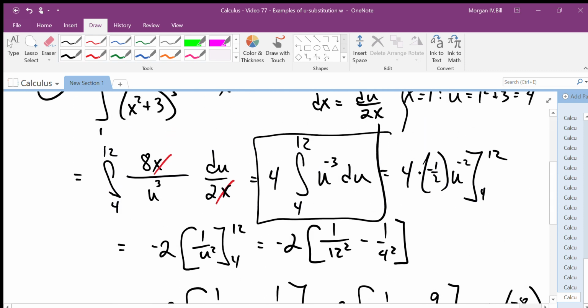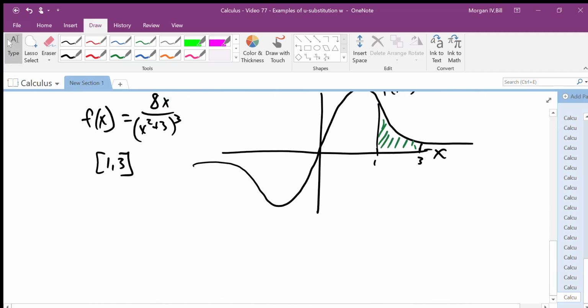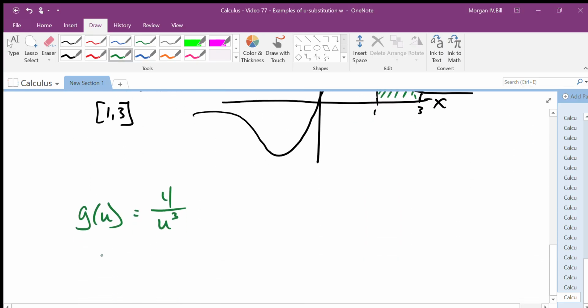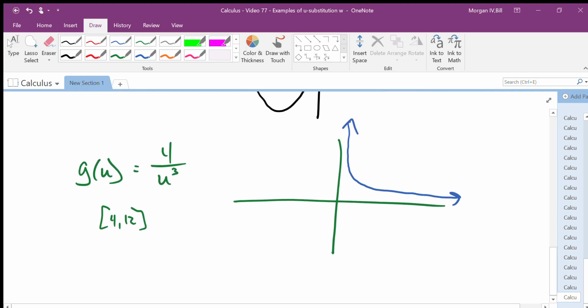The function here that I've drawn, when I switch this over to u's, is 4 times u to the negative 3, or 4 times 1 over u cubed. In terms of u, g of u is 4 over u cubed, evaluated on the bounds from 4 to 12. And that picture, roughly, looks something like this. 1 over u cubed times 4, so we're looking at something like this.